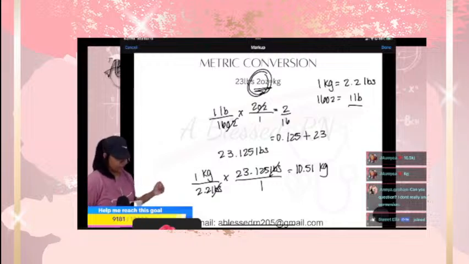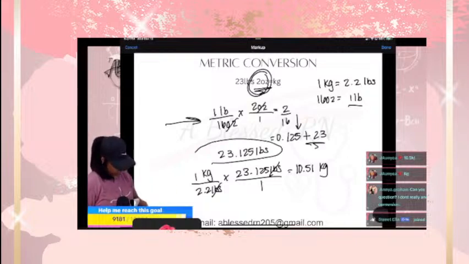So that's why we did this first step right here, and we converted those ounces to pounds, and that was this right here. And we added it to the 23. So then this was your new weight, all in pounds. So since you have it all in pounds now, then you can go from pounds to kilograms, okay?